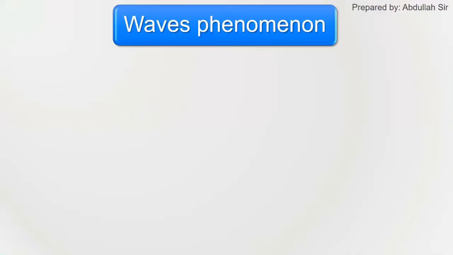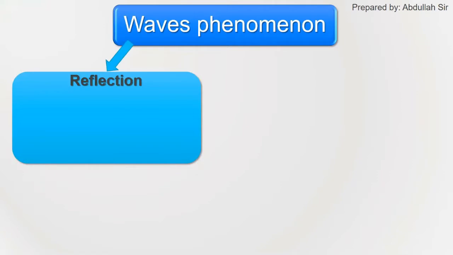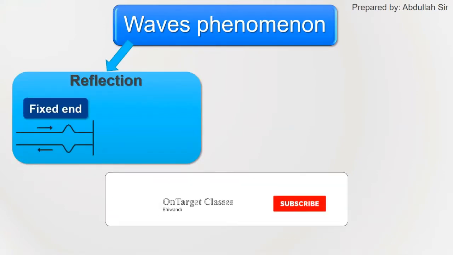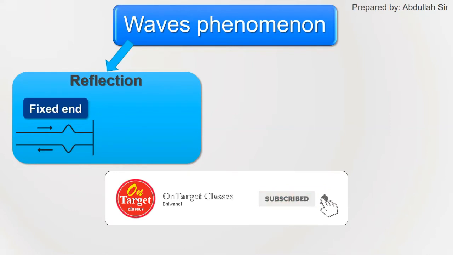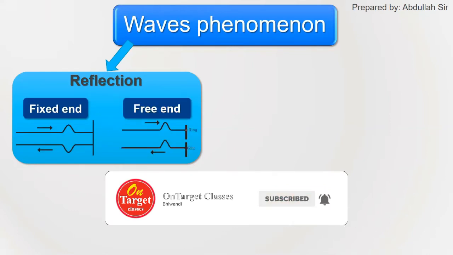So in our previous videos we have seen that waves show us different phenomena. We have studied the different phenomena associated with waves, and one of the phenomena is reflection, and we have seen the reflection of a transverse wave from a fixed end and from a free end.